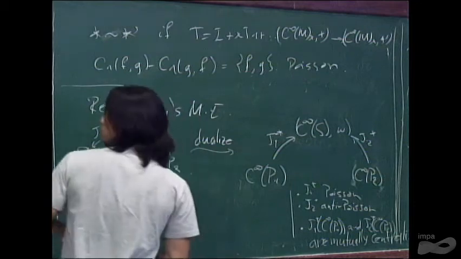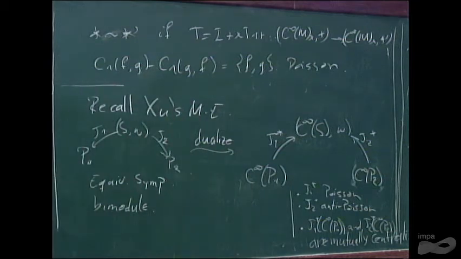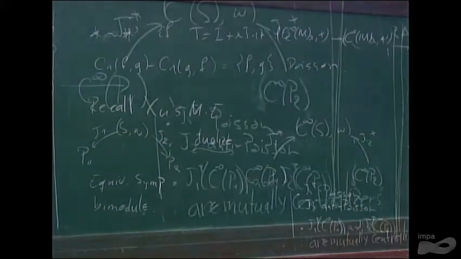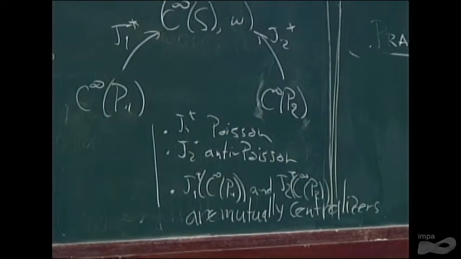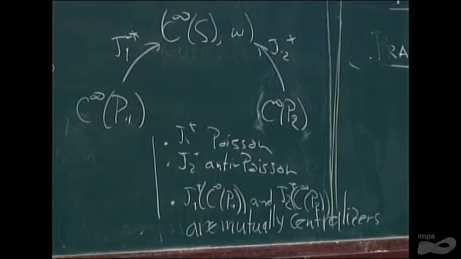Okay, so another comment before writing a definition is that when you have one of these formal Poisson structures, besides getting a star product through Kontsevich map, you get a Poisson bracket on this space, but with the undeformed product.